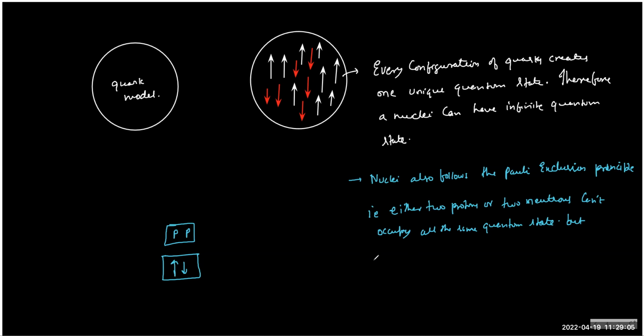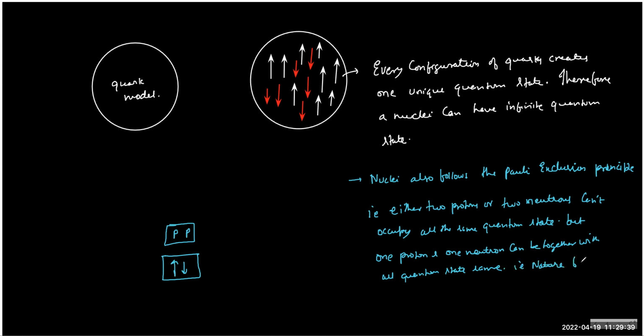So we can say that one proton and one neutron can be together with all quantum states the same. So nature favors pairing.